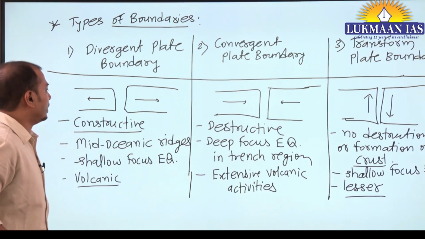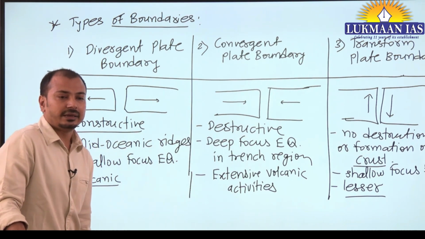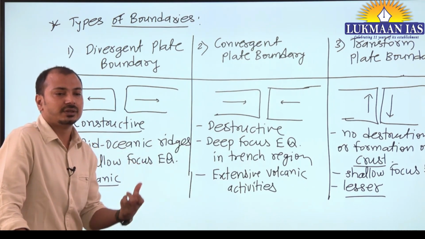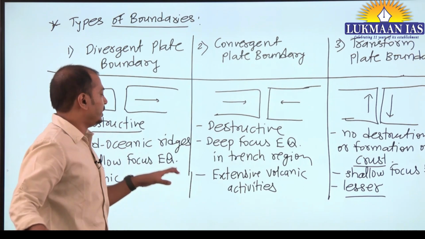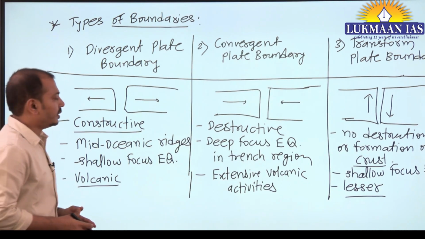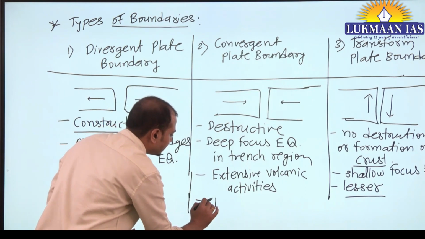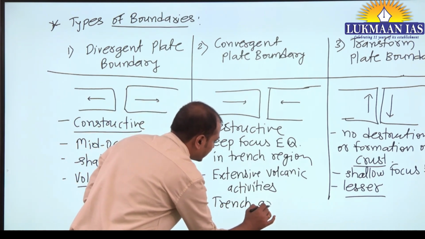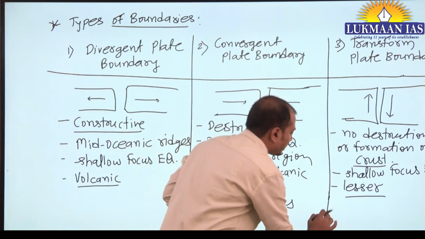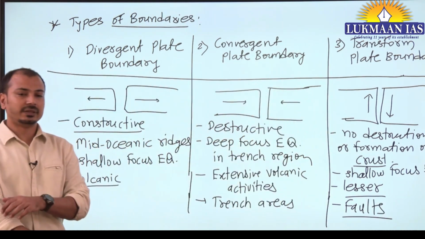Okay, so in this manner we should understand the difference between these boundaries, and from here onwards, when we learn about the distribution of volcanoes and earthquakes, you will understand how understanding these plate boundaries is important. You should know the examples, like these are basically trench areas. Like here we have mentioned mid-oceanic ridge areas, and these are basically faults.